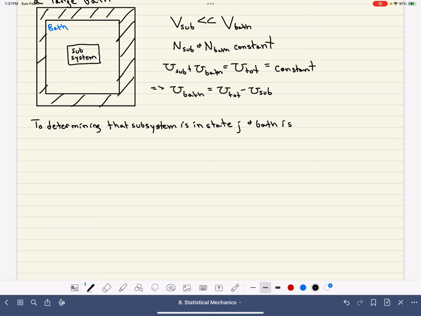Likewise, we want to figure out if the bath is in state K, so if its internal energy adopts some other value. In order to develop this framework, we're going to start by applying the principle of a priori probabilities, just like we did with the microcanonical ensemble.